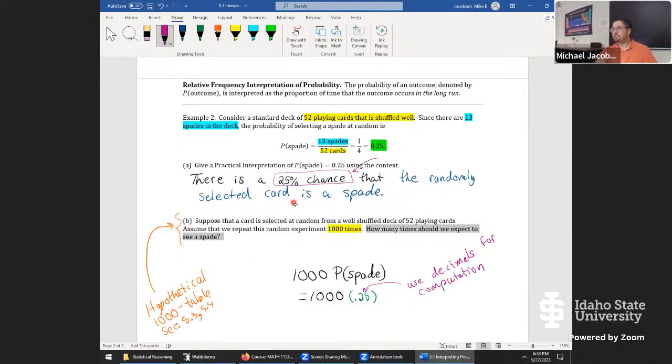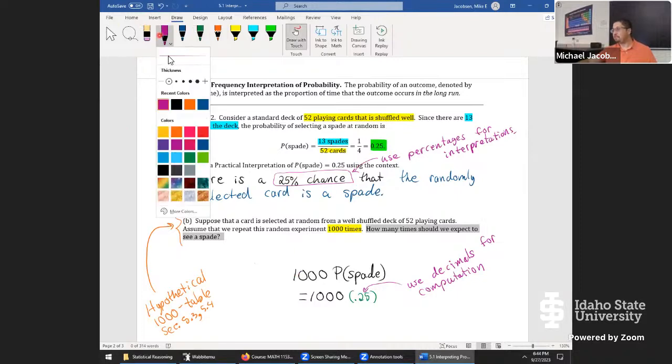And for doing an interpretation, percentages are absolutely wonderful. Everyone will be more likely to understand what you're saying if you say it as a percentage. So use percentages for interpretations. Well, we just about have it, folks.